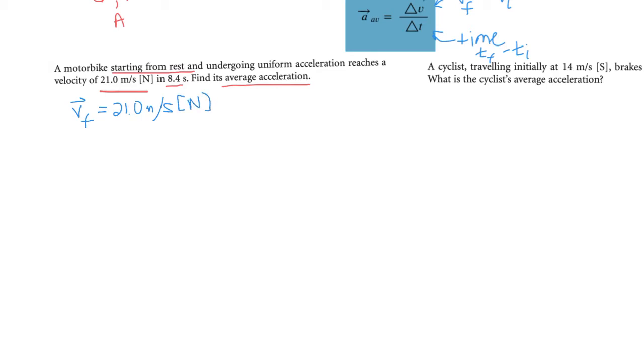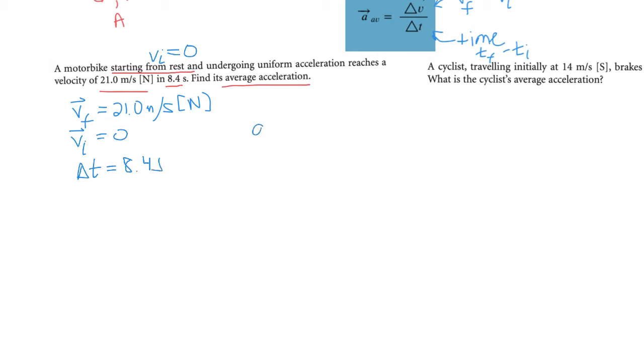And we don't have a starting velocity, but if you notice in the question, it says that it's starting from rest. Rest means it's not moving. So anything that's not moving has a velocity of 0. And since this is our starting velocity, our starting velocity is going to be 0. And then they give us the whole time that this takes, so that's just the time interval, that 8.4 seconds.